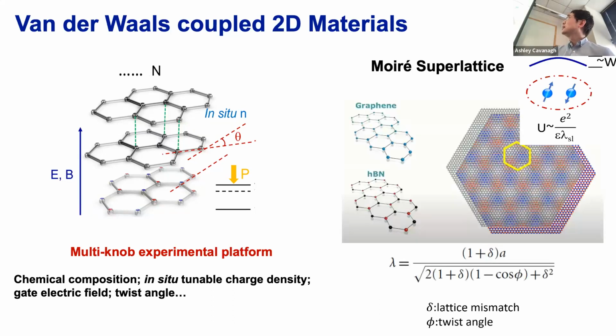Especially in recent years, we have seen an explosion of this concept of Moiré superlattice, or what some call Moiré quantum matter, assembled from two-dimensional materials where two adjacent materials interact with each other.